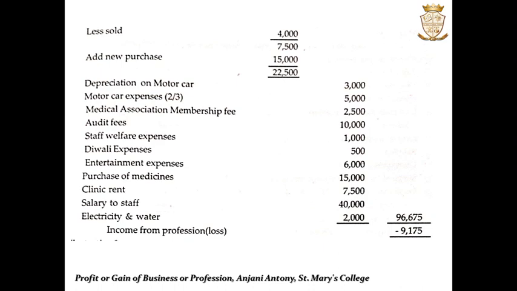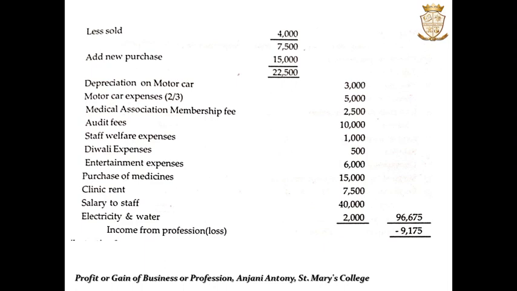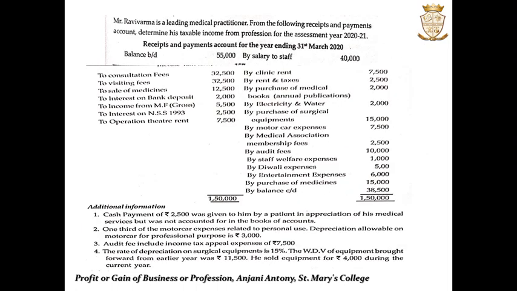These are the expenses related to the profession, and if you calculate the total expenses, you will get 96,675 rupees, which is greater than the income achieved by Mr. Ravi Verma, that is 87,500. So there will be a loss in income from profession. So the loss from profession amounts to 9,175. I think the question is clear.